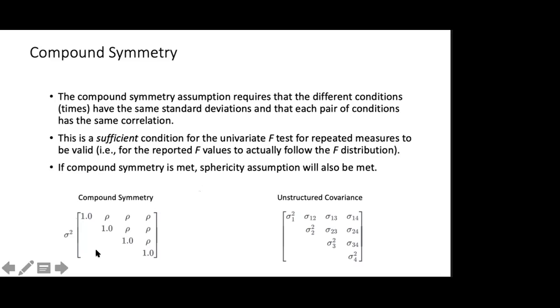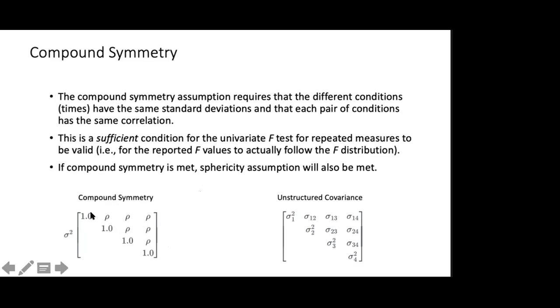And here is just an illustration of what compound symmetry means. This is the case where we have 4 levels or 4 conditions, again for a one-way repeated measures ANOVA. The correlation of the factor levels with themselves has to be 1.